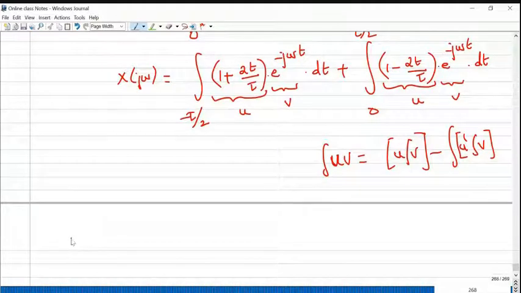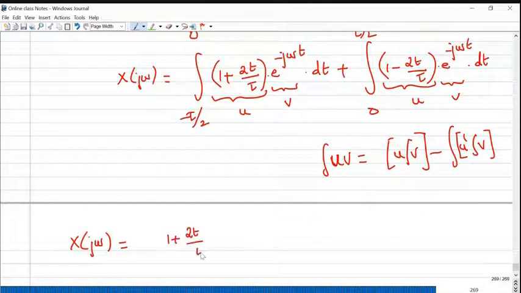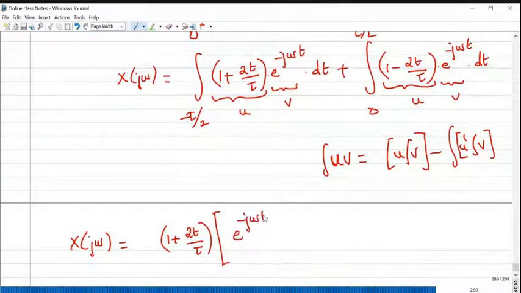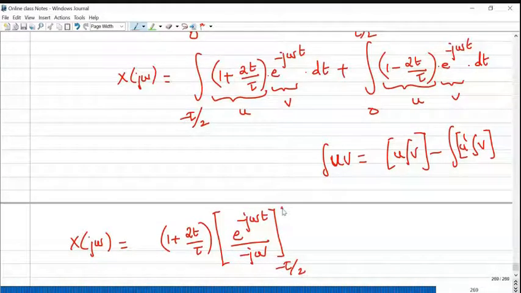So X of j omega: u is 1 plus 2t by tau, the integration of v is e power minus j omega t divided by minus j omega, with limit minus tau by 2 to 0. I'm doing the first part now. Then minus the integration from minus tau by 2 to 0 of u dash.